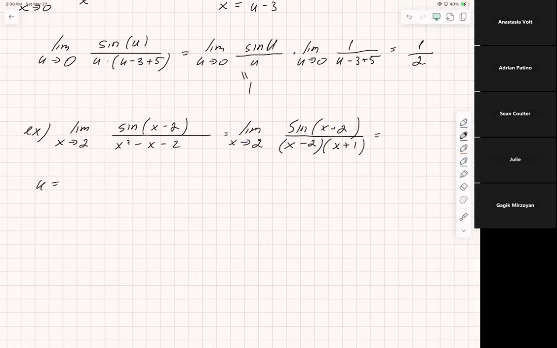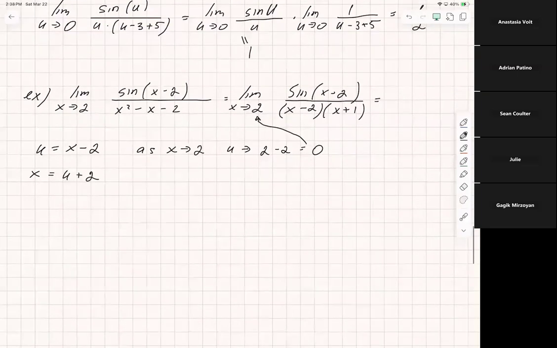But if not, then just do it like this. u equals x - 2. From here, x equals u + 2. And as x approaches 2, our u will be approaching 2 - 2, which is 0. So we will be changing the limits as well.